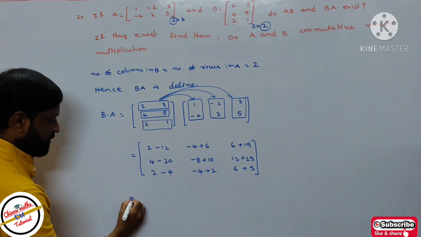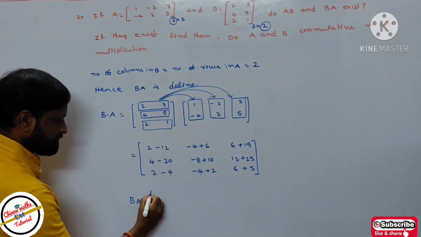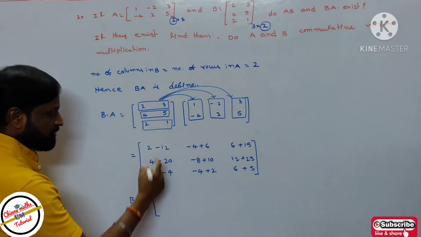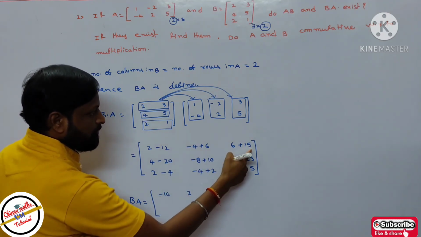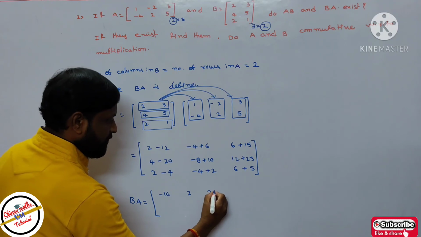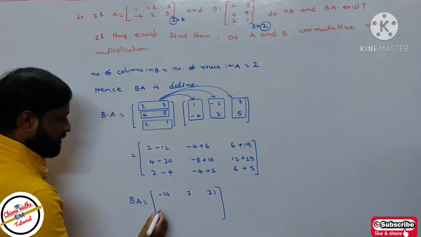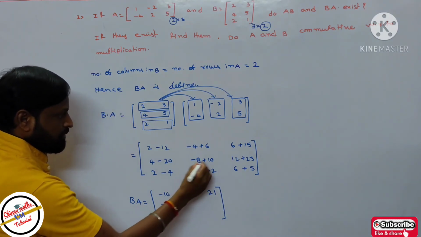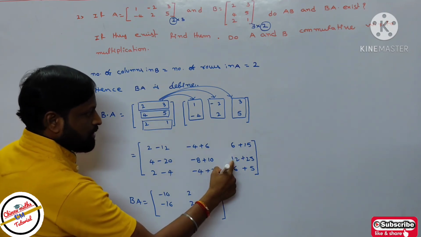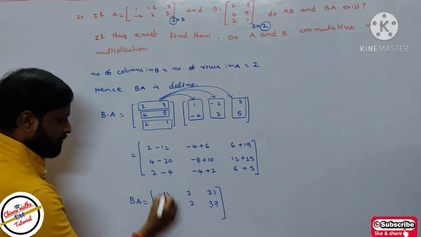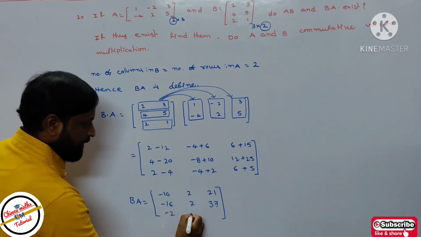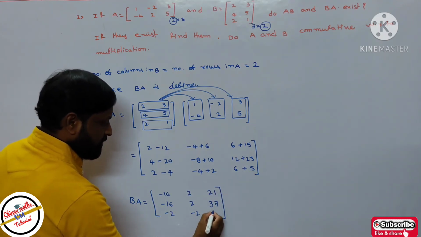So the product of BA equals 2, -10, then 2, 21, then -16, 2, 37, then -2, -2, 11.